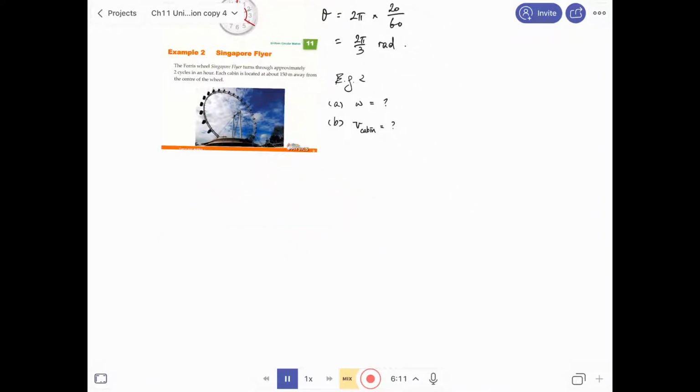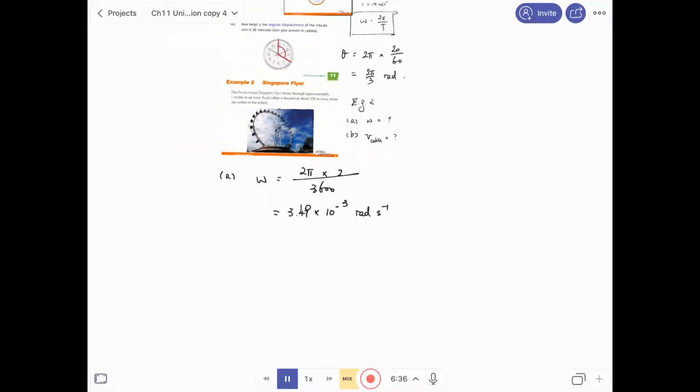For part A, similar to the previous example, omega is 2 pi, and note that you have 2 cycles in 1 hour. So 2 pi times 2, that is 2 cycles, over 1 hour, that is 3600 seconds. And therefore, you have your final answer. Just bear in mind the unit radian per second.